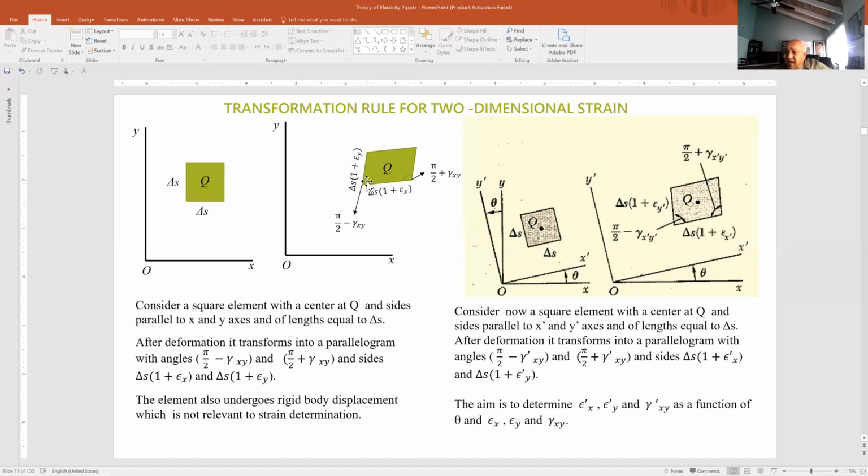And the new angle here would be pi over 2 minus gamma xy. So gamma xy can be calculated from this angle, subtracted from the initial 90 degrees.